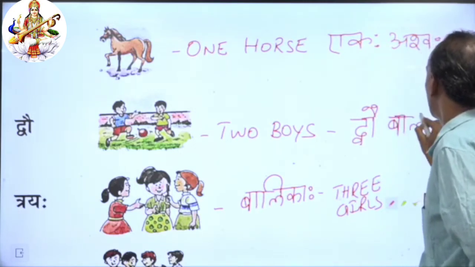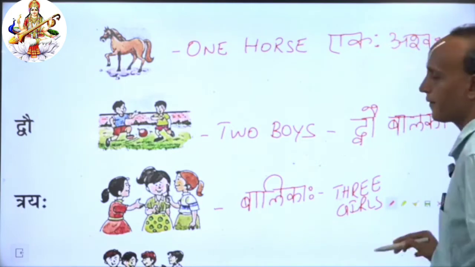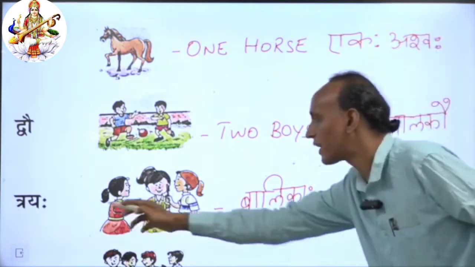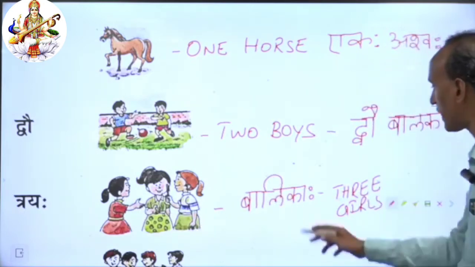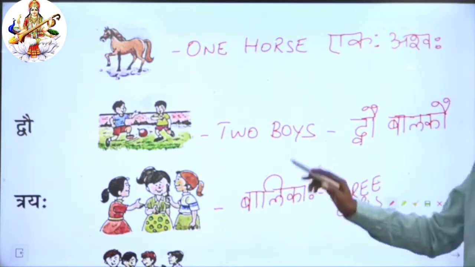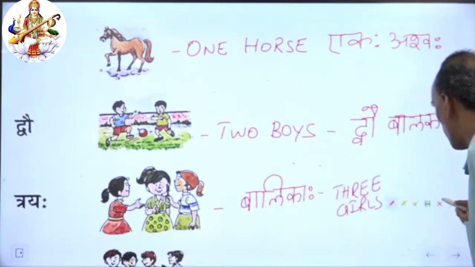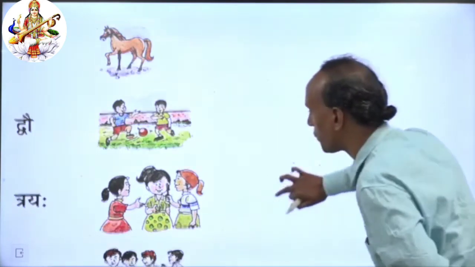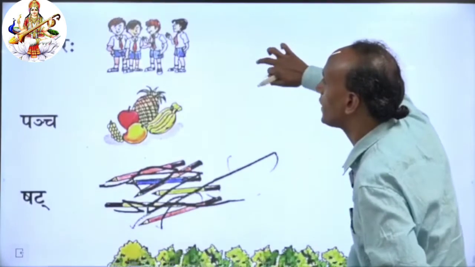Then Trayaha Balikaha. Trayaha Balikaha means what? Three girls. Okay, children? Then the fourth one. Wait a minute. I will show you. Very good. See here.